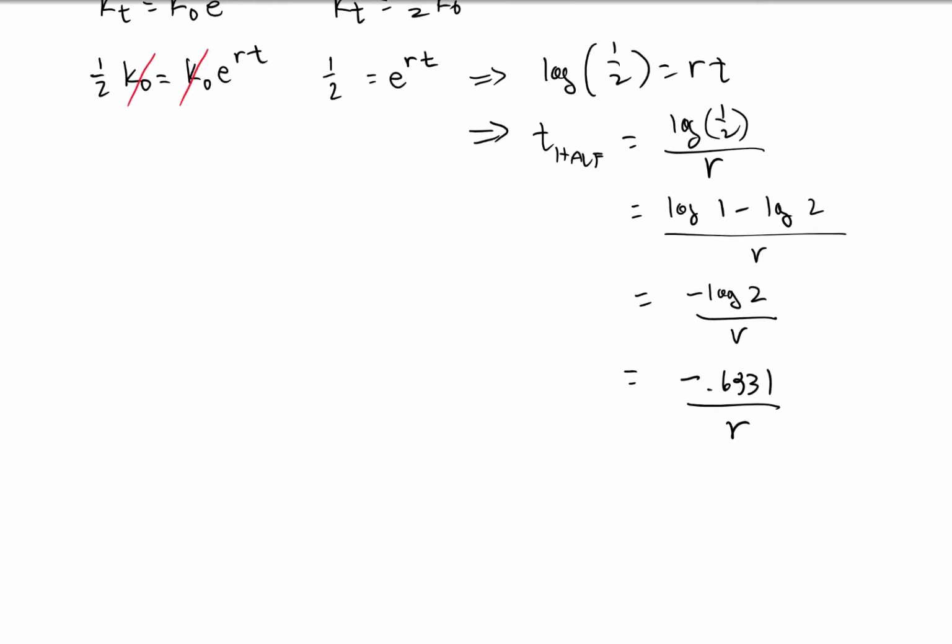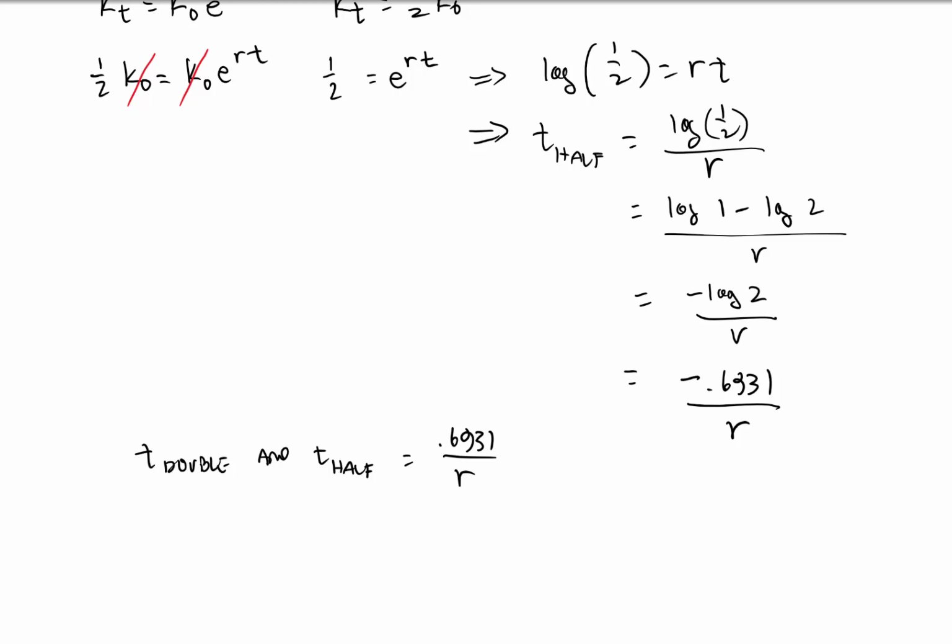We said r is less than 0, r is negative. So it turns out that t double and t half both look like 0.6931 divided by r. If r is negative, that's going to be a minus 0.6931 divided by an r which is negative. In both cases, it's going to be the number of years, which is positive, until that population is cut by half.